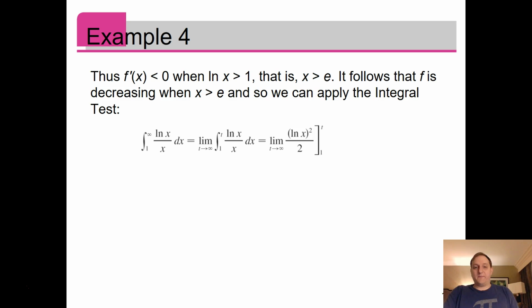So we're good there. f prime of x is negative when natural log of x is greater than 1, so x is greater than e. That means we can apply the integral test because the function is eventually decreasing. In order to do this, you can do a u substitution. u equals natural log of x, du is dx over x, so it's natural log of x squared over 2.